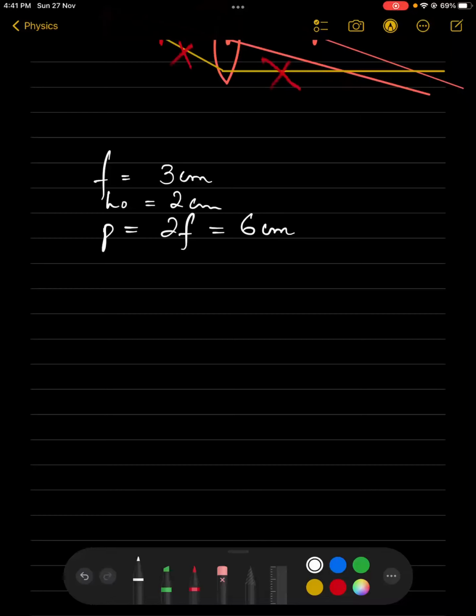Okay, so we are now going to start with the actual drawing for this lens. Usually ऐसा होता है कि examiner आपको लेंस draw करके दे देते हैं.